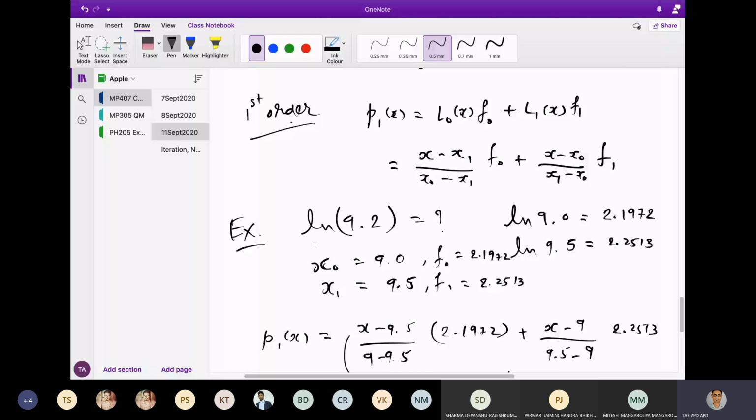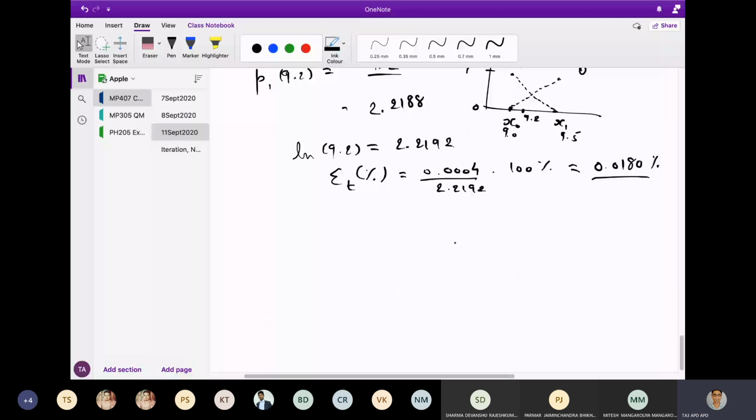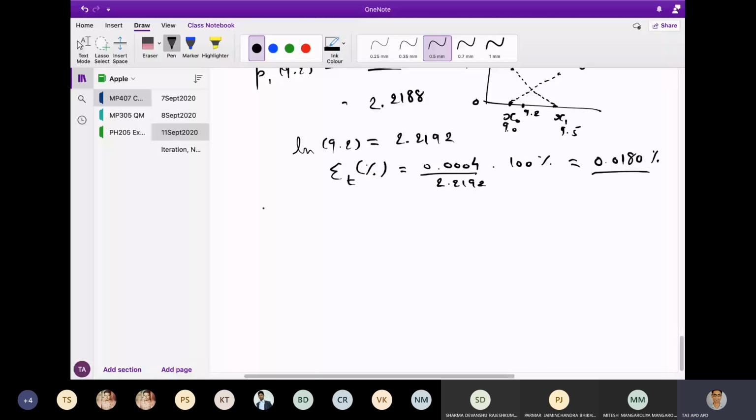Okay. Now we will see quadratic interpolation. Quadratic interpolation is also called, let's say, second order Lagrange interpolation polynomial.